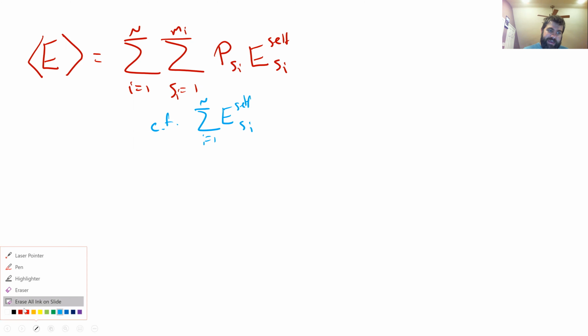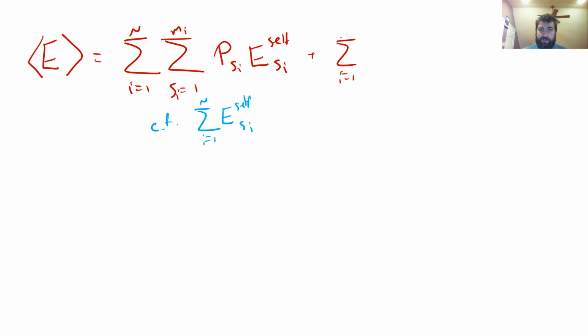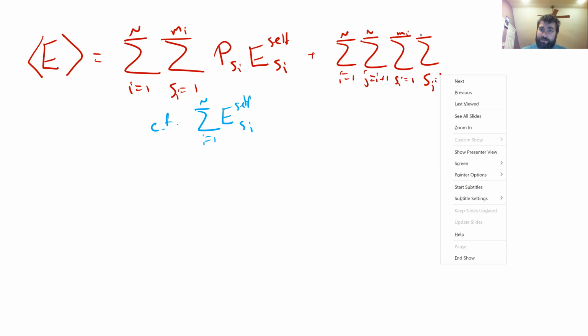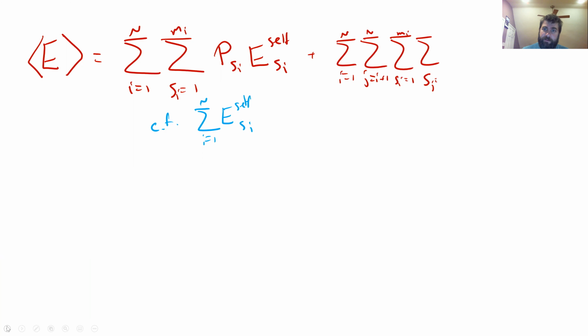And then we add to that a sum from i equals 1 to n, a sum from j equals i plus 1 to n, and now again a sum over choices, and we actually need two of these, sum over s_j equals 1 to m_j.